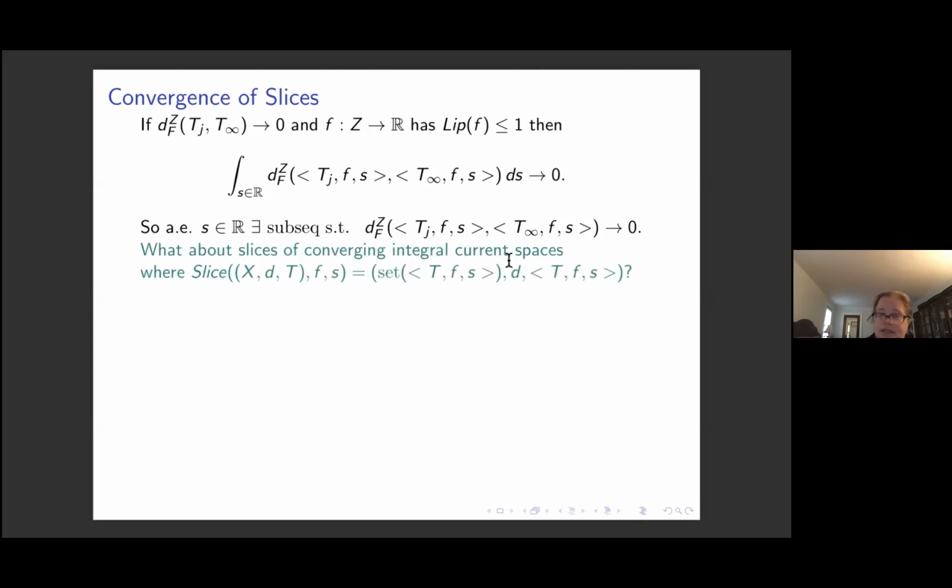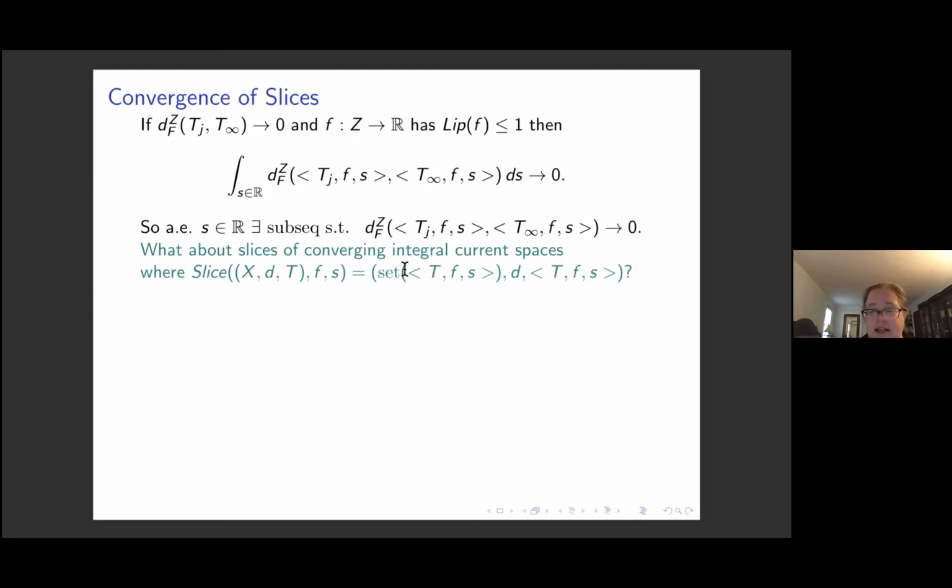But what about slices converging in integral current spaces? That was all sitting inside a metric space Z, but now we want to talk about sequences of integral current spaces. So I'm going to define the slice of an integral current space.